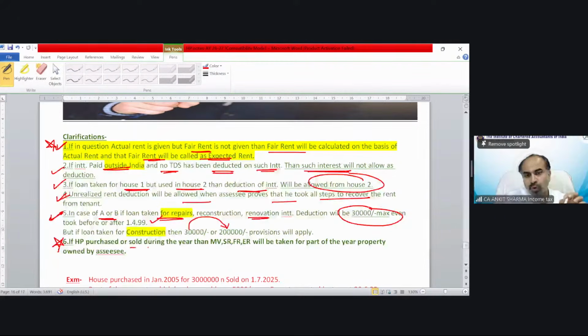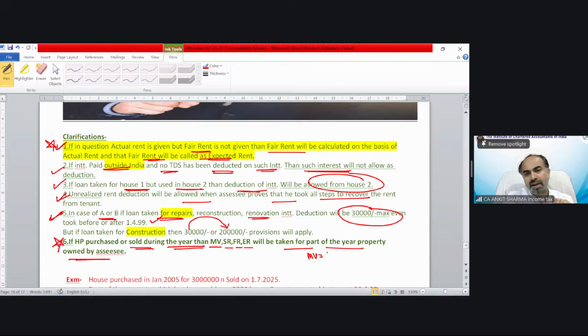If house property is purchased or sold during the year, then municipal value, standard rent, fair rent, or expected rent will be taken for the part of the year the property is owned by the assessee. Maybe you have noticed it or not. The municipal value, fair rent, standard rent, these are always taken on an annual basis.